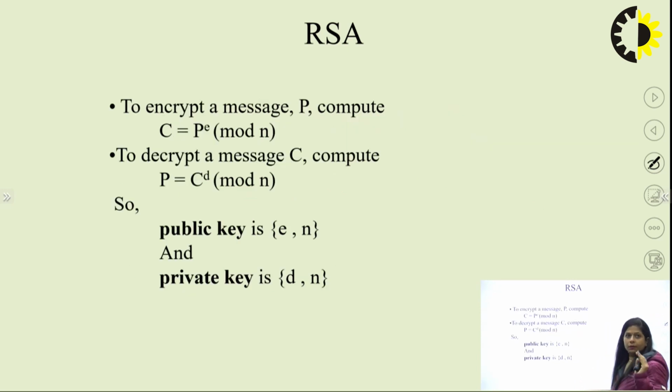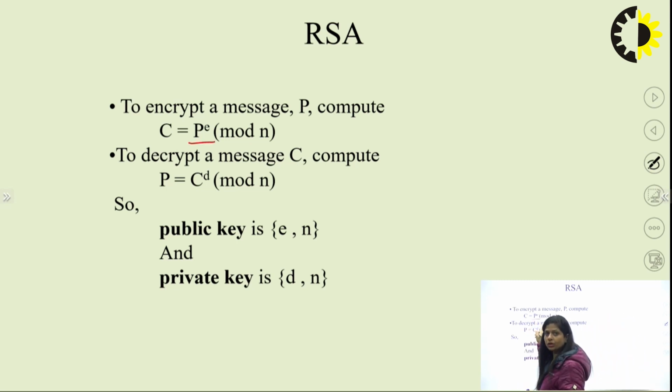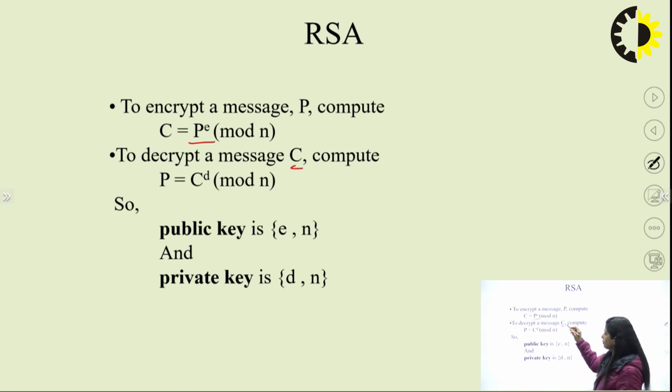Right. So to encrypt a message P, we compute C equal to P raised to the power E mod N, and to decrypt a message C, that is the ciphertext, to find the plain text, it can be computed with the formula C raised to the power D mod N, right.